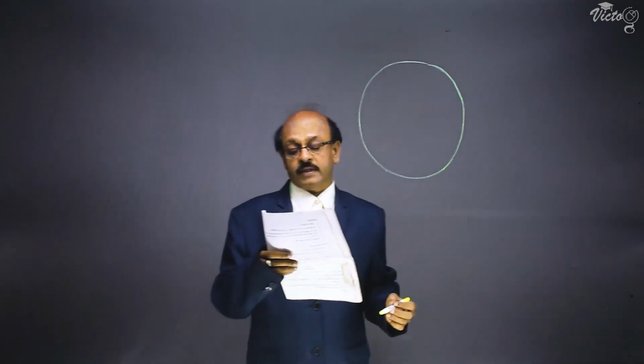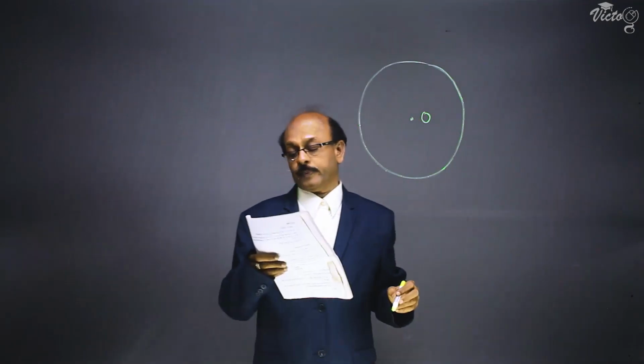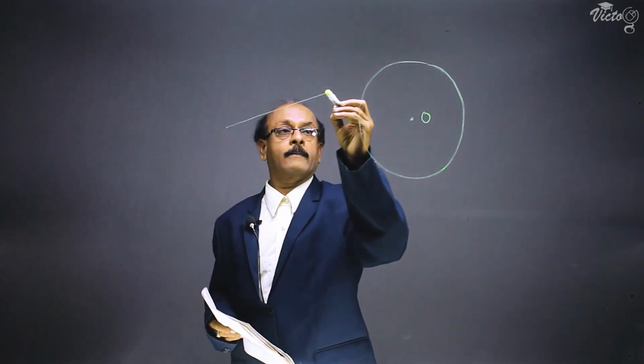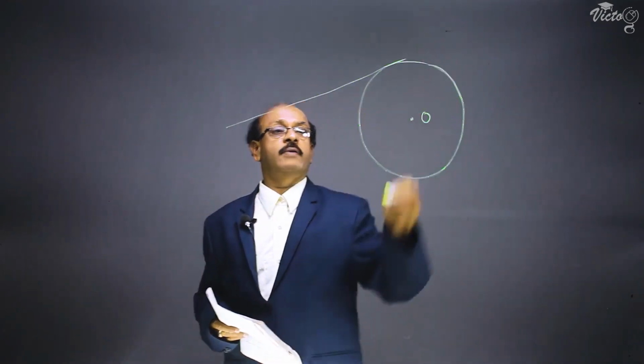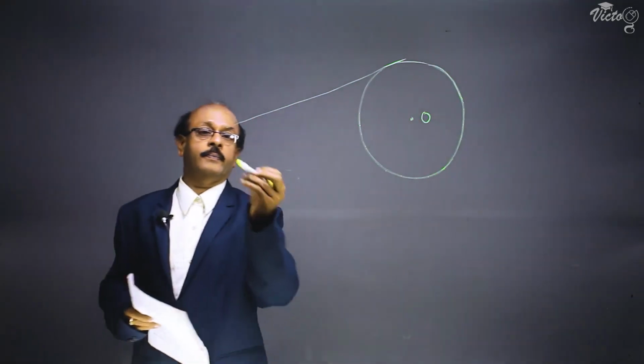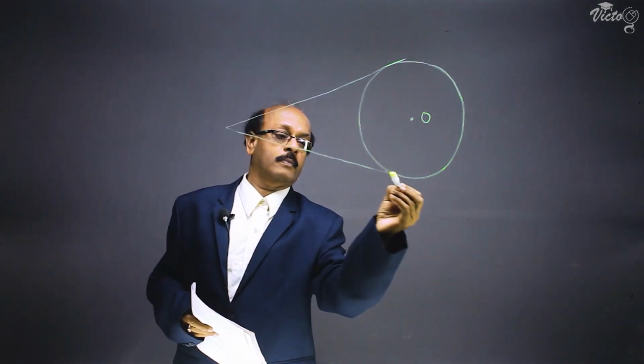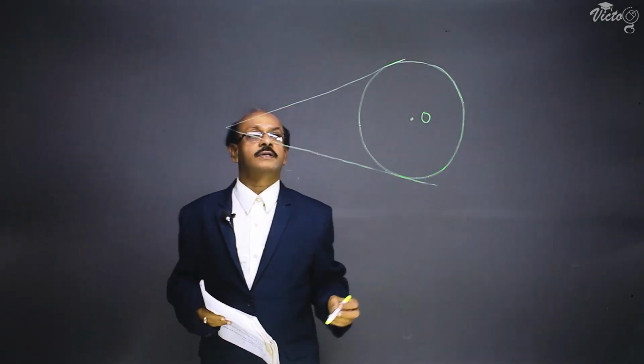The figure is: here is a circle with the center O. Let this be the center of the circle, which is O. The angle between two tangents drawn from an external point P. Let this be one tangent and this be the second tangent.